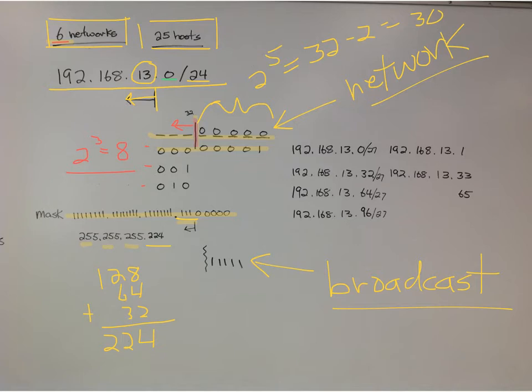Here's the first set. Let me undo that. Here's the first set. This would be the network. And this would be the first host. And so then I just started writing them down here. You get it?